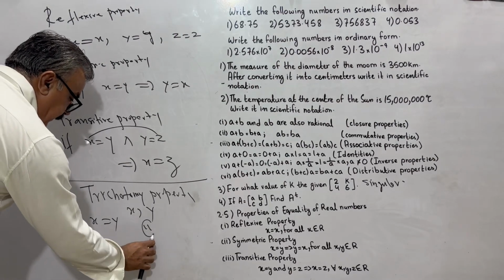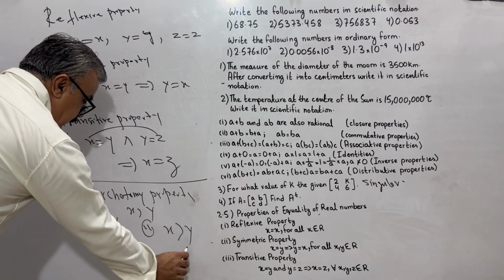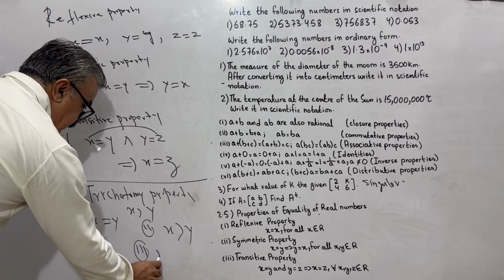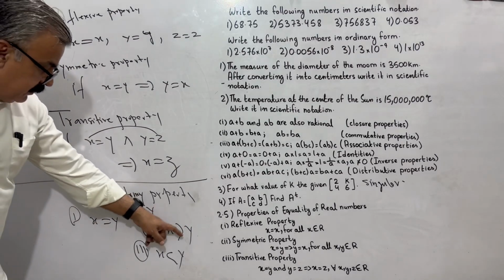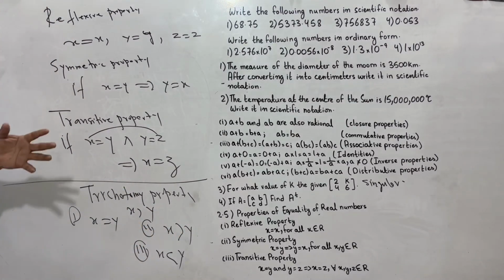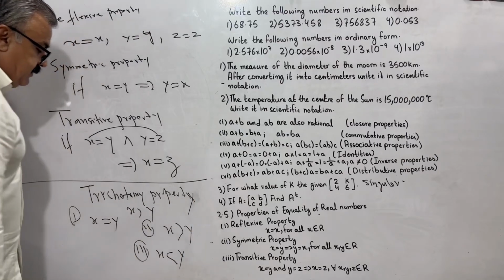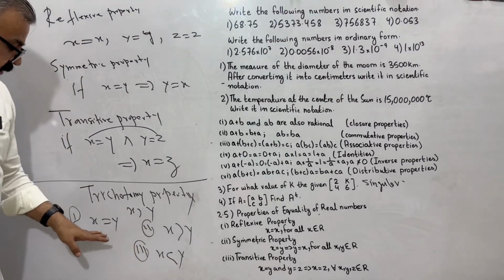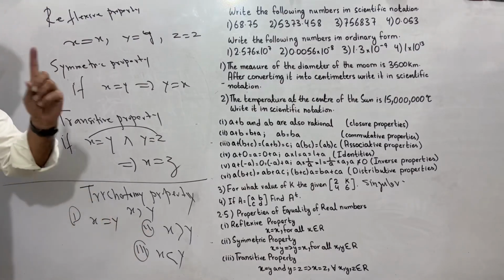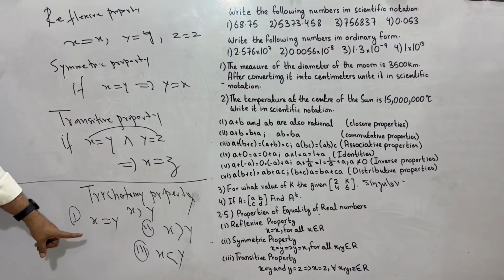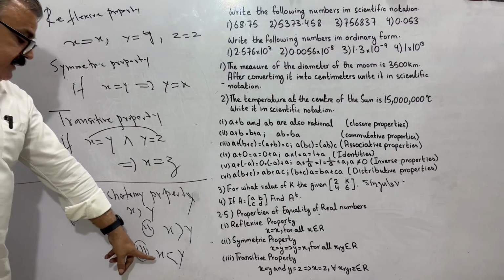Second possibility, x is greater than y. Third possibility, x is less than y. From these three possibilities, any one and only one is true for any two real numbers. Either equal, or x is greater, or x is less than.